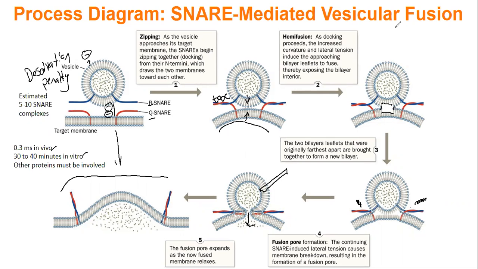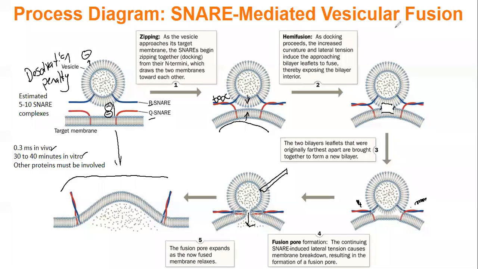How do the snares attach to the vesicle membrane to begin with? That's a good question that I actually don't know the answer to. I've never looked that up, but my guess would be that it's the same way that a transmembrane protein is transported to the plasma membrane, like in the Golgi, right? You're just going to have these snares being made.